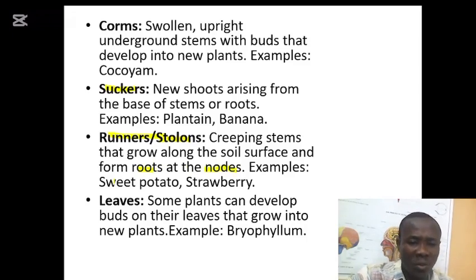We have examples here: sweet potato and strawberry. Strawberry is a typical example of a runner. They are creeping above the soil surface. While in sweet potato, some part is under the ground and some part is above the ground, creeping.